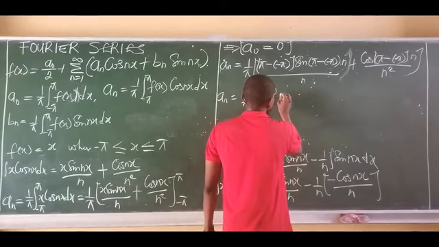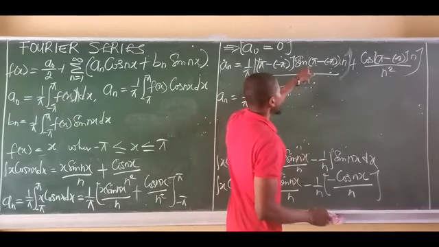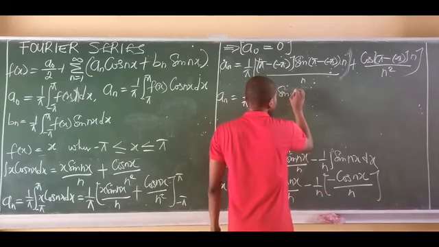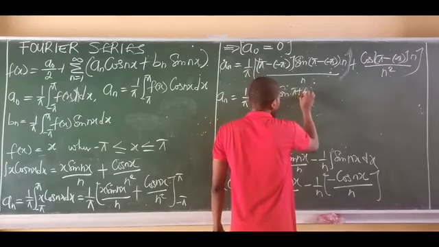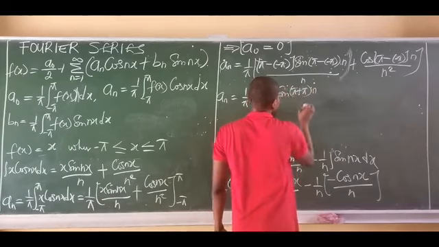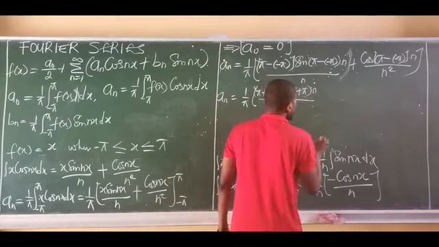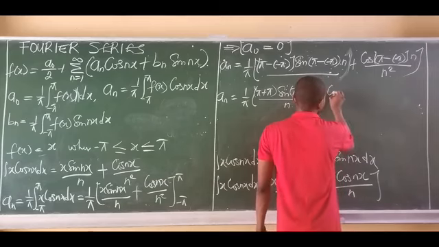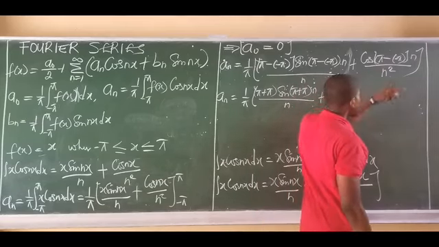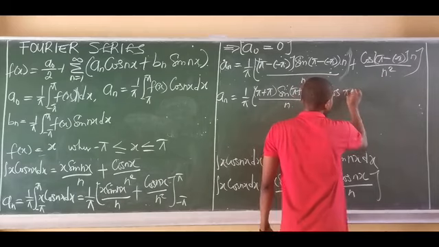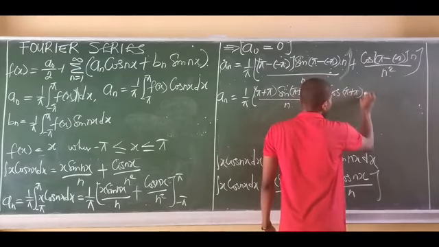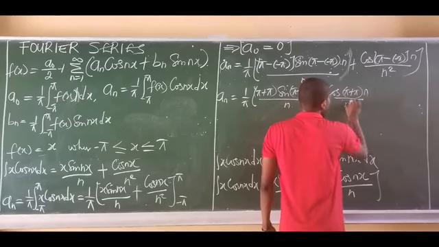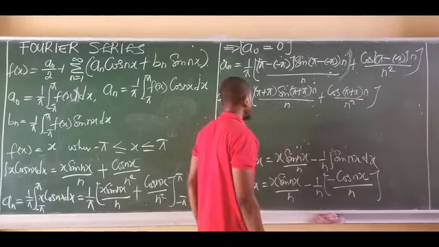Sine of pi minus minus pi again becomes pi plus pi, multiplied by n all over n, plus, same thing here, cos of pi minus minus pi becomes pi plus pi, multiplied by n all over n squared.